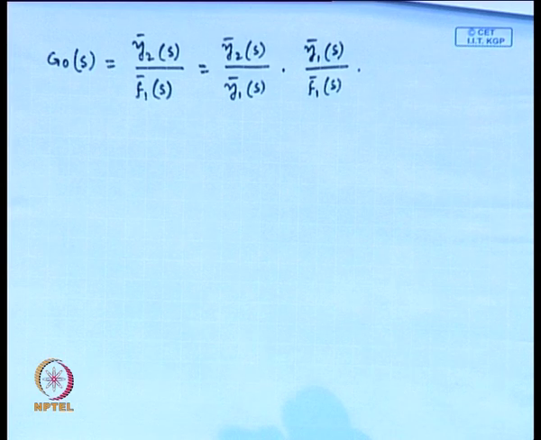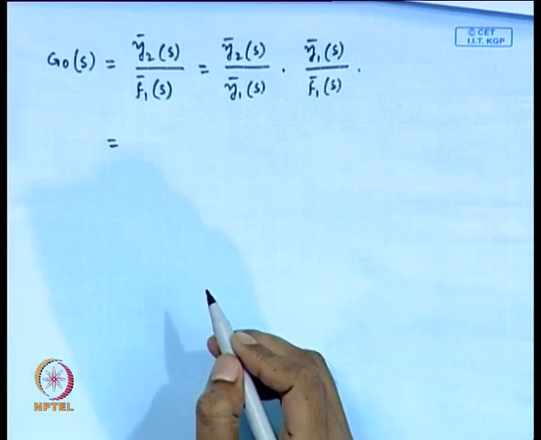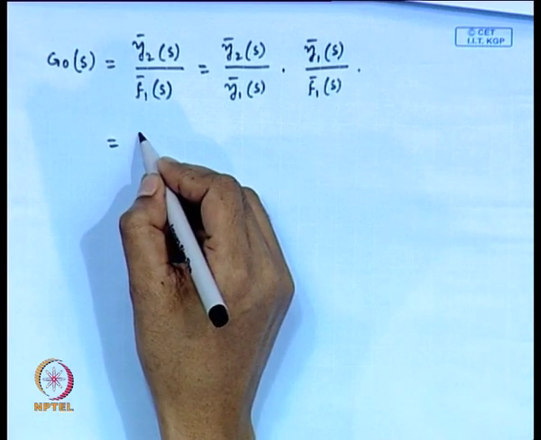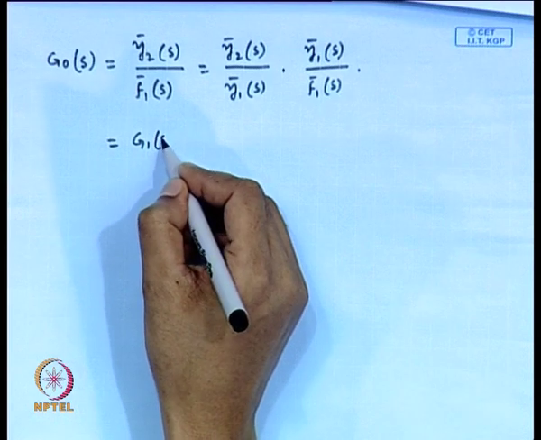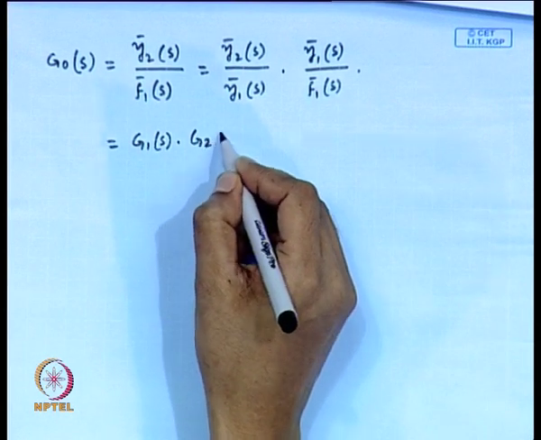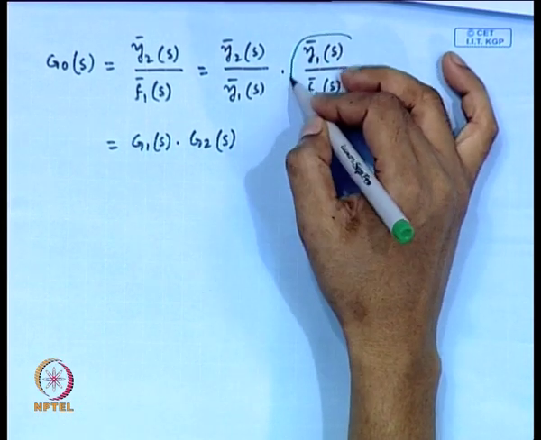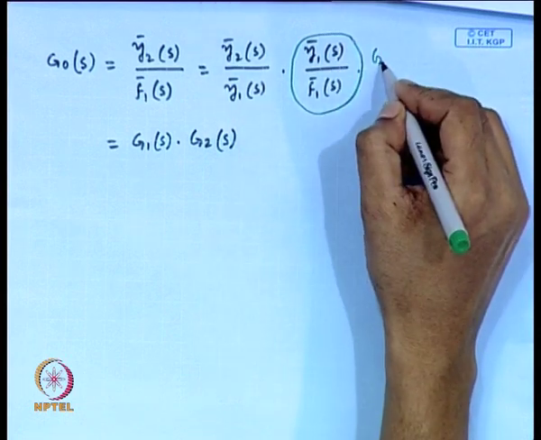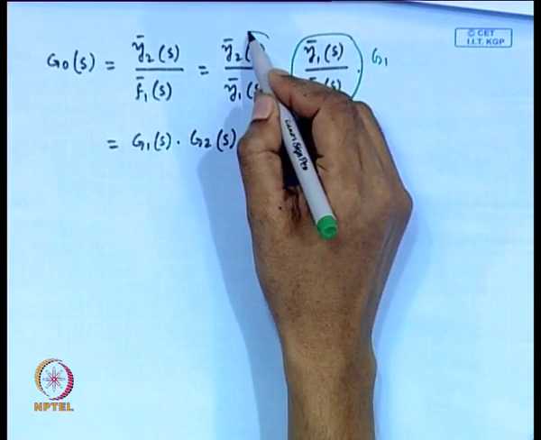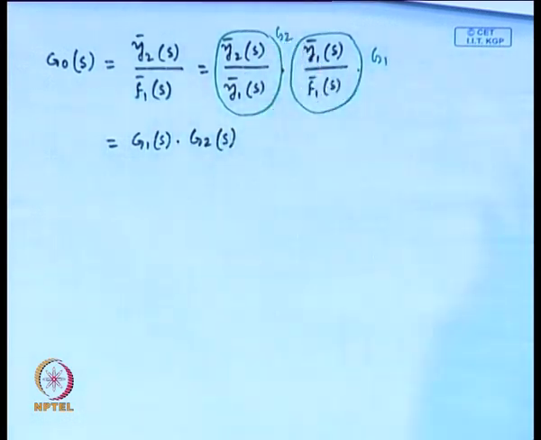So, this is the expression for overall transfer function. This means z naught s equals z 1 s multiplied by z 2 s. This is the transfer function z 1 and this is the transfer function z 2.